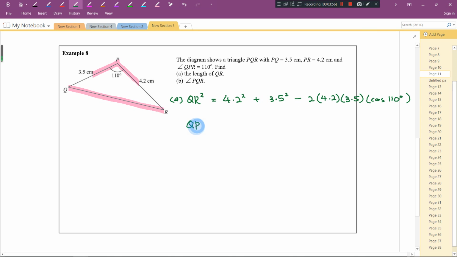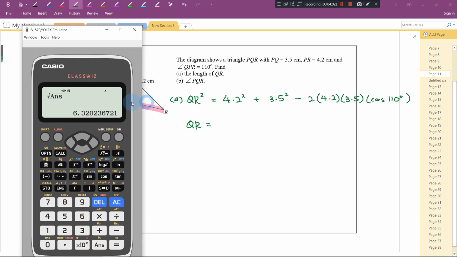If you want to get QR, you have to square root this whole thing. If you want your answer really accurate, you can do it this way. You press this whole thing first: 4.2 square plus 3.5 square minus 2 times 4.2 times 3.5 times cosine 110 degrees. Then press equal.